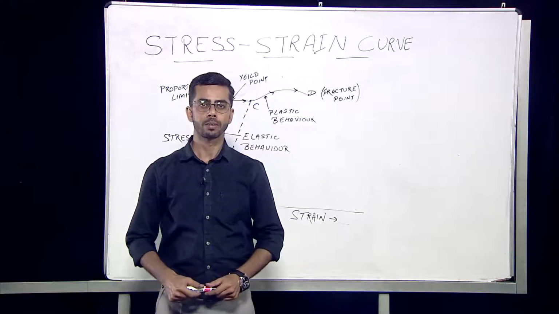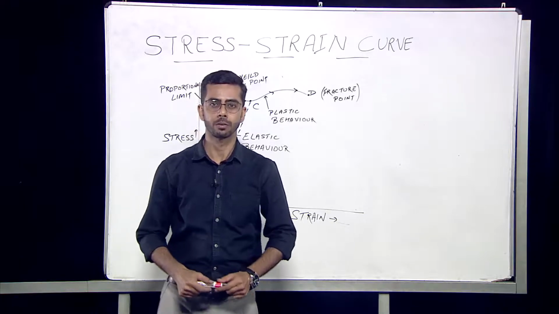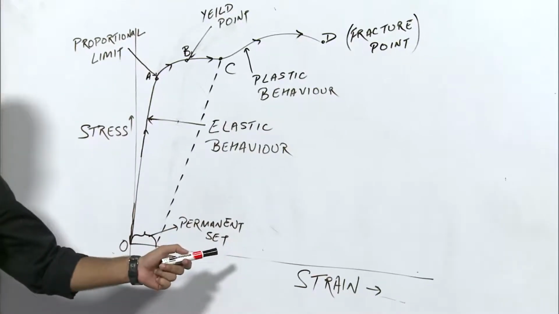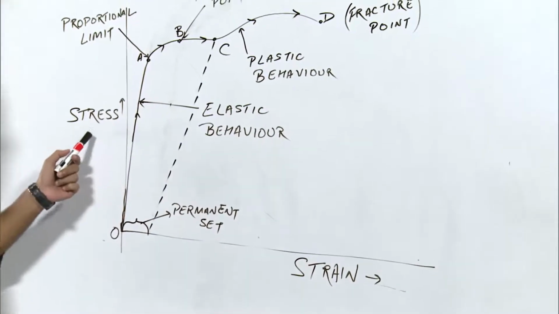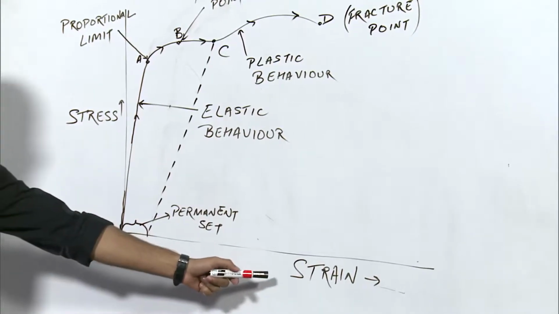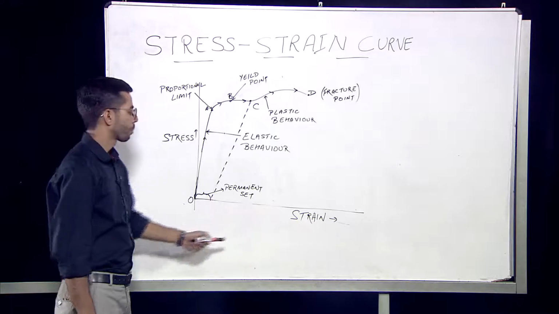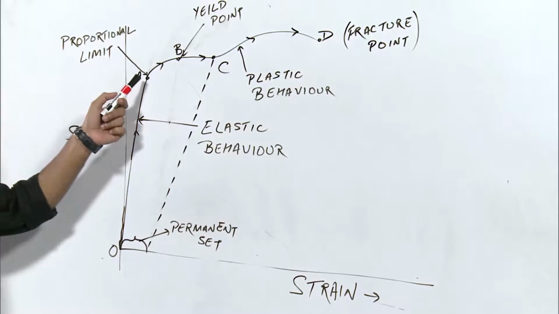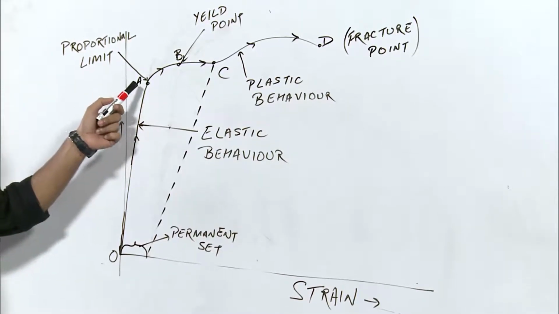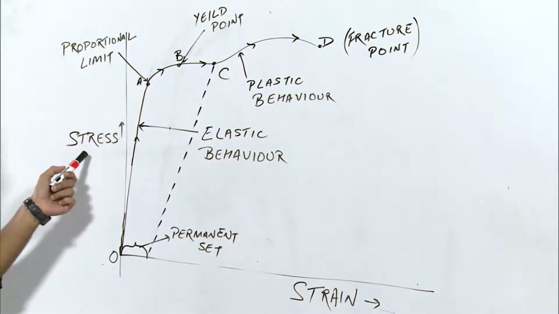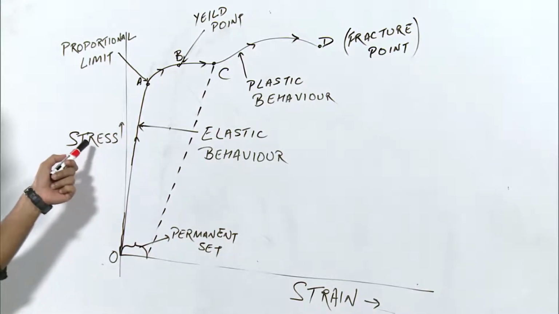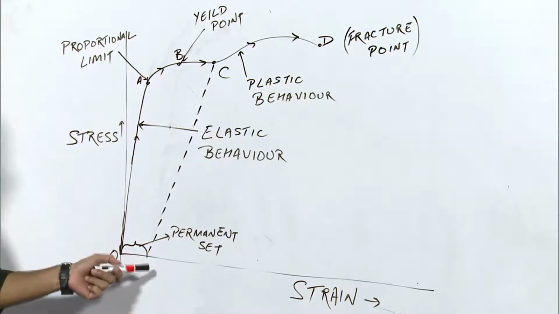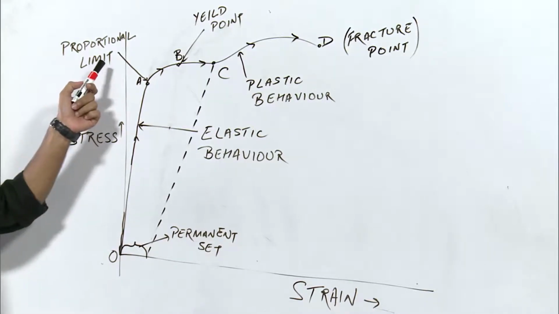Now, we will discuss the stress and strain curve. As we can see, we have already plotted a two-dimensional curve consisting of stress on the y-axis and strain on the x-axis. Here you can see that point A is defined by the proportional limit. The meaning of proportional limit is that if we apply the stress, or can say an external normal force, to an object within a certain limit, then it will turn out to be a proportional limit.